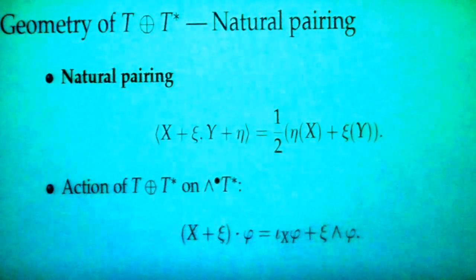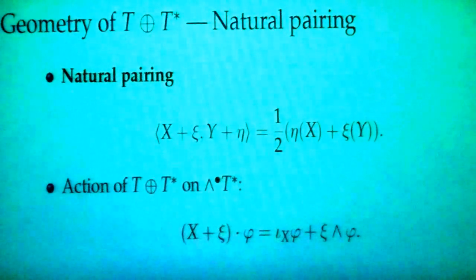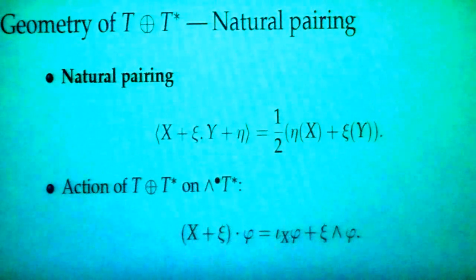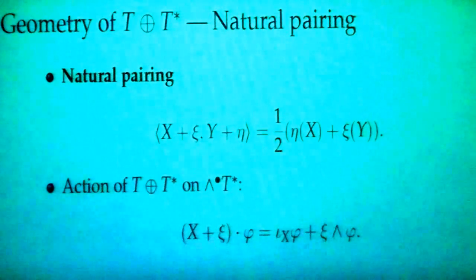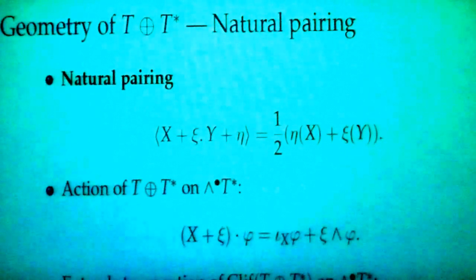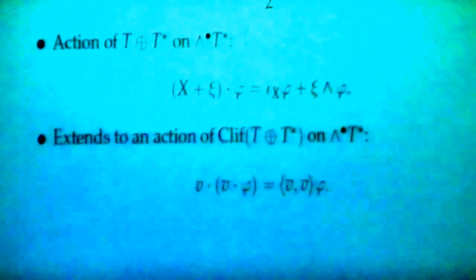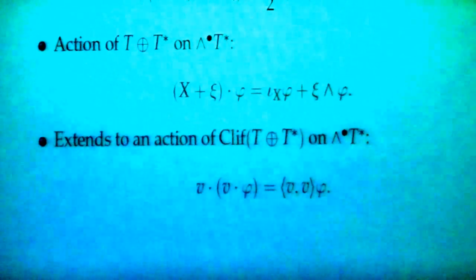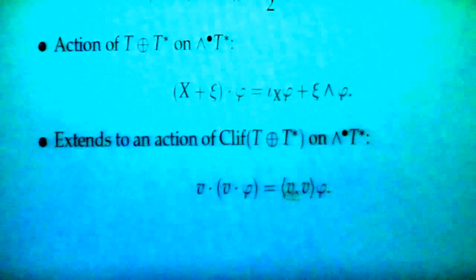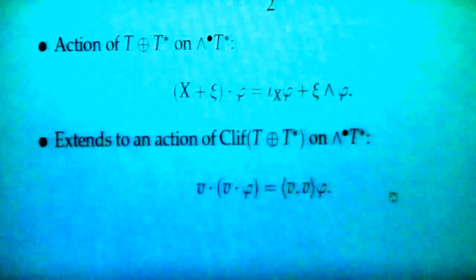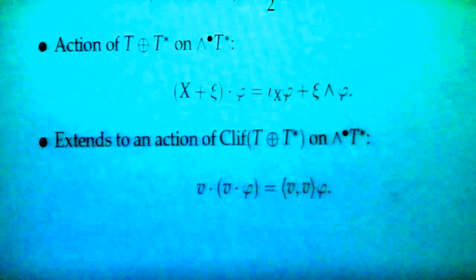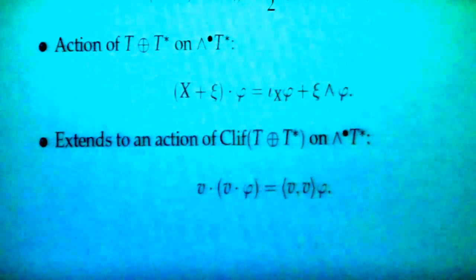T plus T star acts on forms. You just can wedge with your form and you contract with the vector. And the nice thing of this is that it actually extends to an action of the whole Clifford algebra of T plus T star. So if you act twice with V, what you get is just the norm of V acting on phi. So that's precisely what defines the Clifford relation. So you actually get an action of the whole Clifford algebra, not just T plus T star.